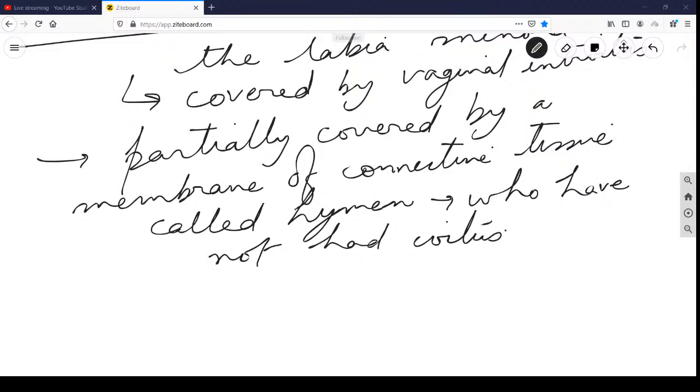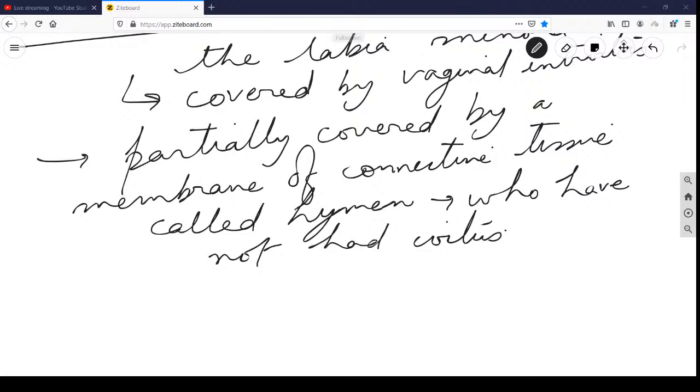Usually this tissue is torn during the first coitus, which can be accompanied by minor pain and bleeding. But as I told, any sudden fall or jolt can tear this hymen apart.